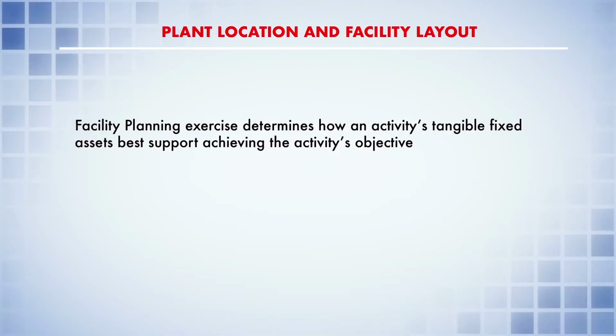First, we have to understand what is facility planning. Basically, facility planning determines how an activity, a tangible fixed asset, best supports the activity objective. If I give you an example, my room where I am sitting, my library, my cafeteria, all come under facility planning.